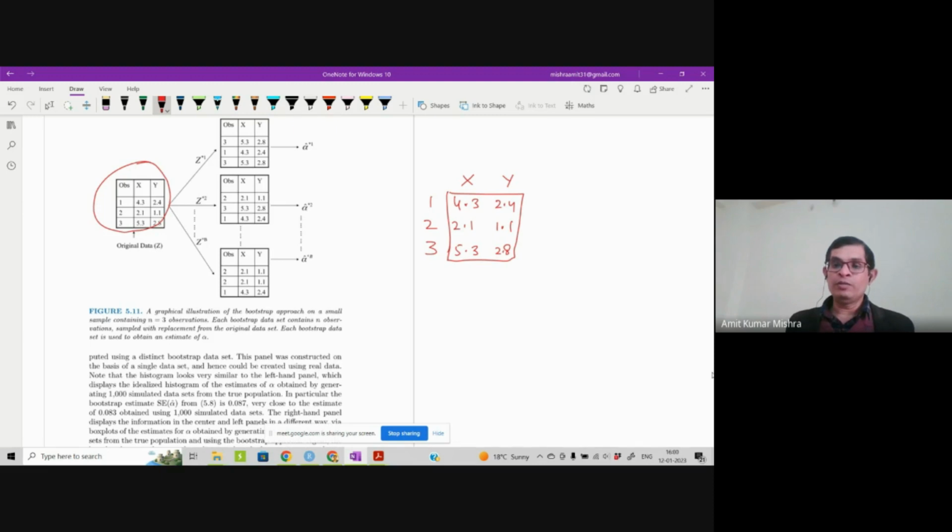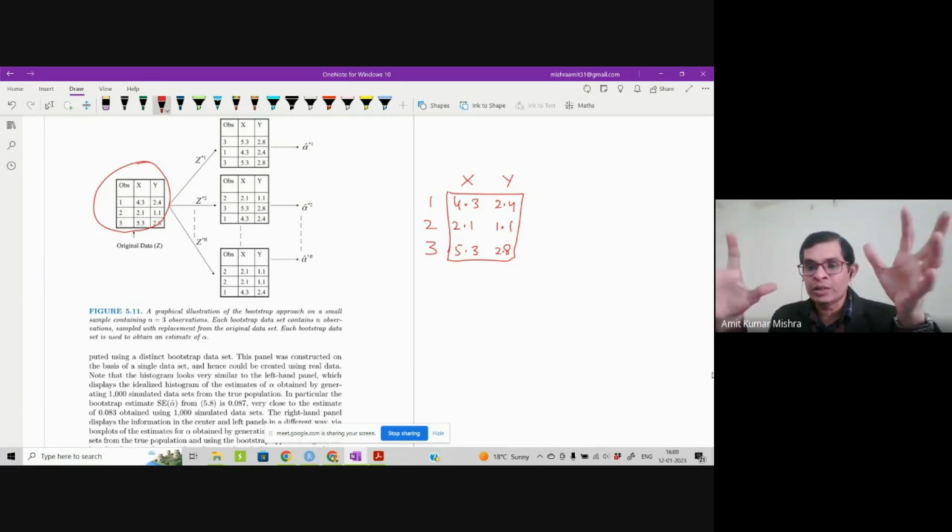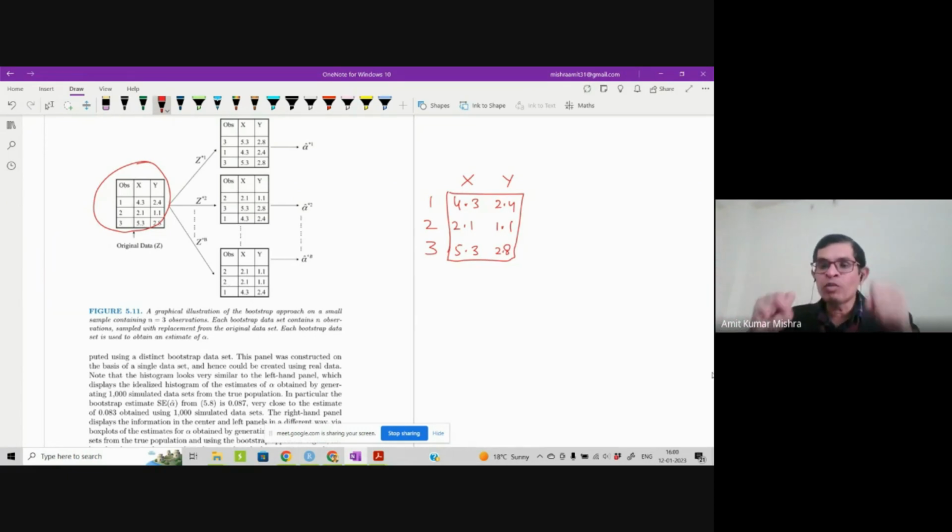Now, if you have this sample from the population, based upon this sample we are going to generate bootstrap samples, and based upon bootstrap samples, we are going to get the estimates of alpha, and based upon those estimates of alpha, we will find the standard error.